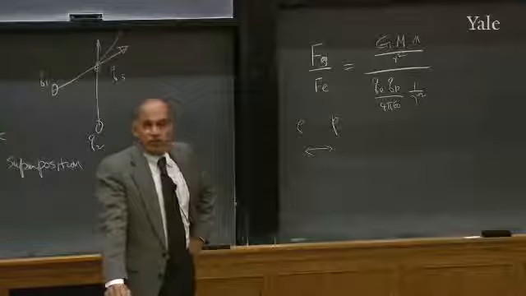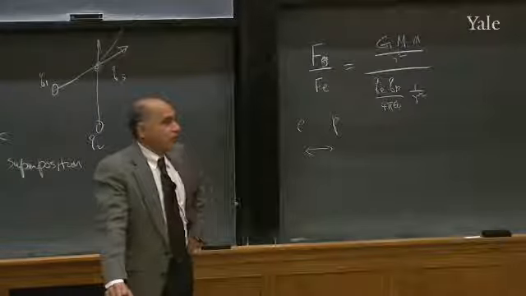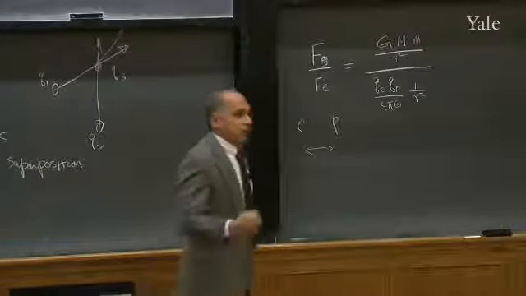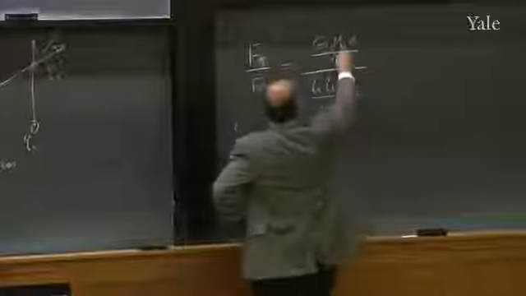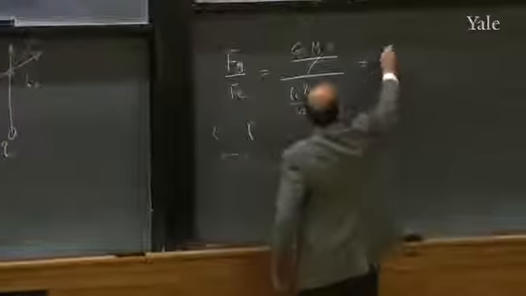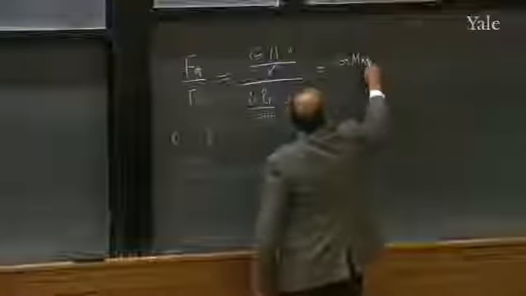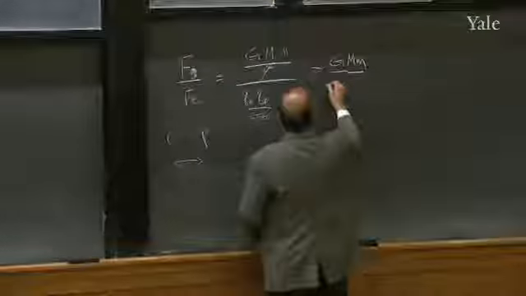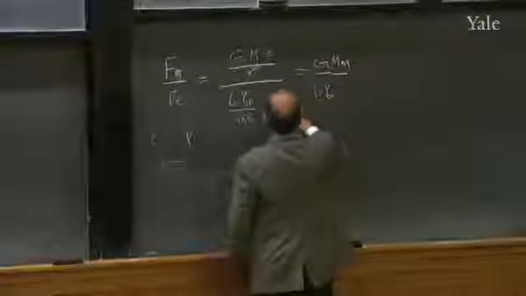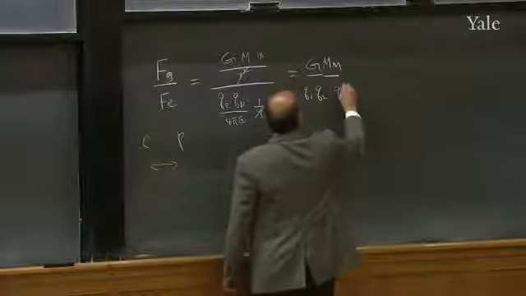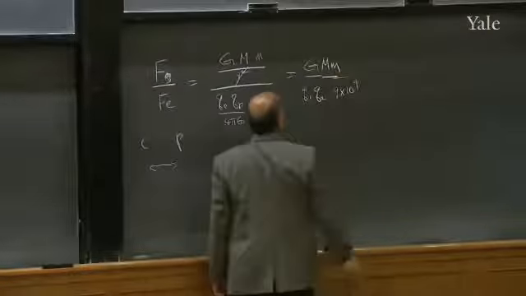So you don't have to decide how far you want to keep them because they both go like 1 over r squared. So you can pick any r. Whatever you pick is going to cancel, and you will be left with this number. Q1, Q2, and the 1 over 4 pi epsilon is 9 times 10 to the 9.